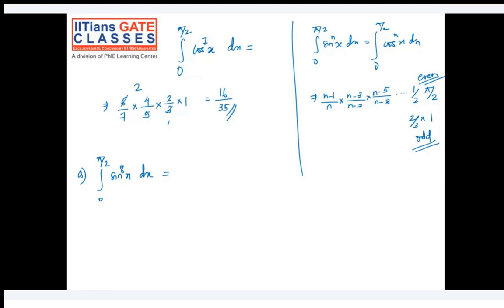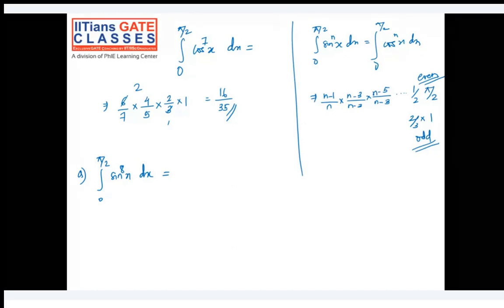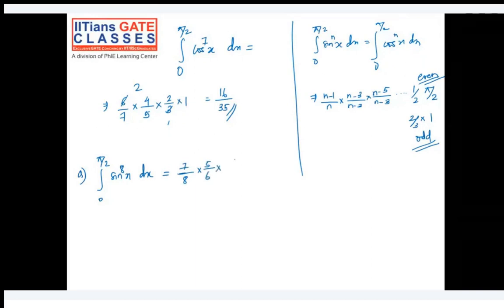Anyone? So here n is even, so the pi by 2 term will come in the end. 7 by 8, 5 by 6, 3 by 4 into 1 by 2 into pi by 2. So it is 35 pi by 256. Correct. Yeah, that is the answer.